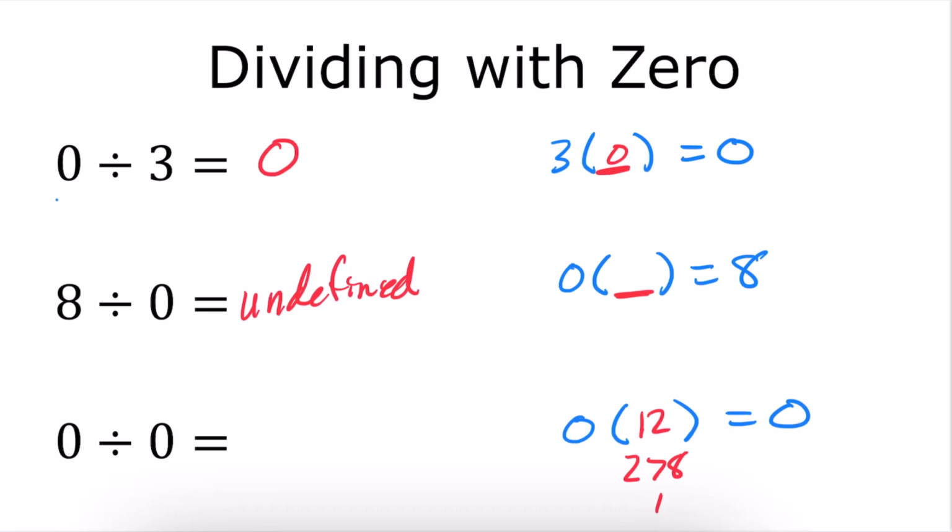And so in this case, because there's an infinite number of solutions, we call this an indeterminate answer because it's not possible to determine which one out of all of the infinite options we should define the answer as. So this is one way that you can help students understand why it's okay to do 0 divided by a number, but you can't do a number divided by 0. And the missing factor model can help illustrate that.